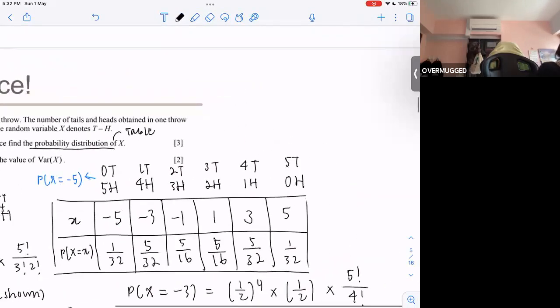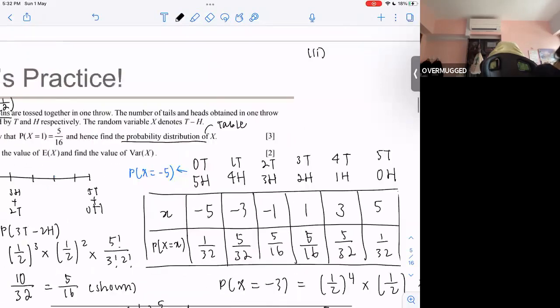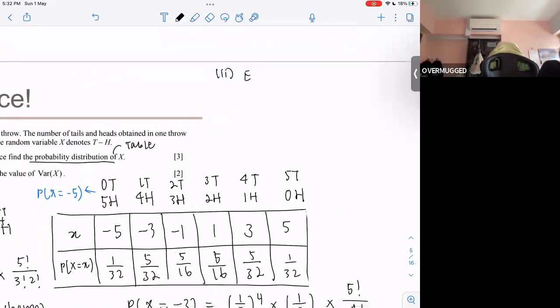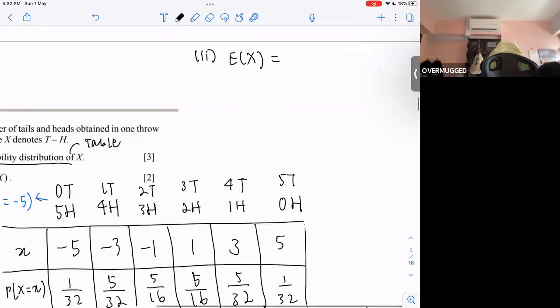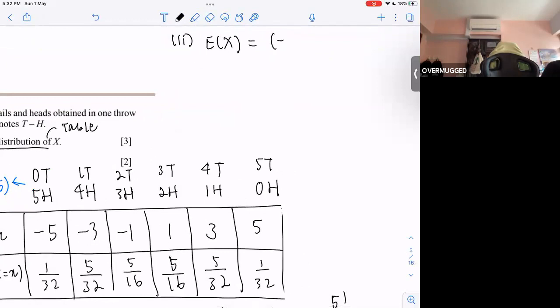Now we're going to look at the second part, which is calculating the expectation of x. Now this is the easiest. For expectation of x, you just follow the formula. It would be this times this plus this times this, and then you add everything up together. If you add up, you're going to realize that it will be -5 times 1 out of 32, but on the other side, it will be 5 times 1 out of 32, so these two will cancel out.